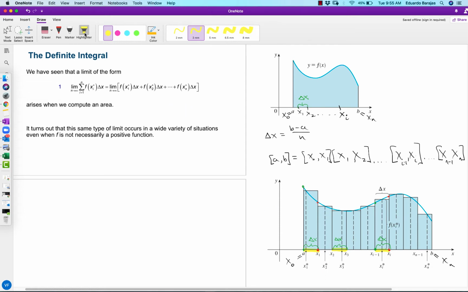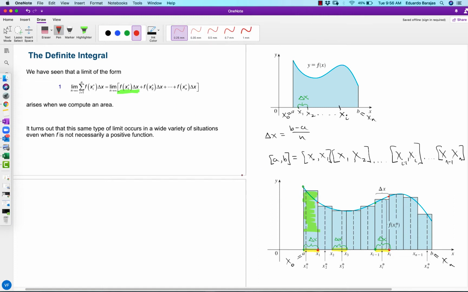Now that's where this comes from. The product of these two, if we think about these two right here, this is the area of the first rectangle. That's this rectangle right over here, this first one. It's got a base of delta x and a height determined by f of x sub 1 star. One randomly selected value within its base gets you up a certain height.